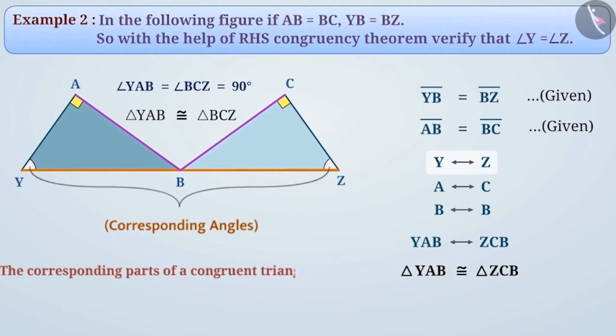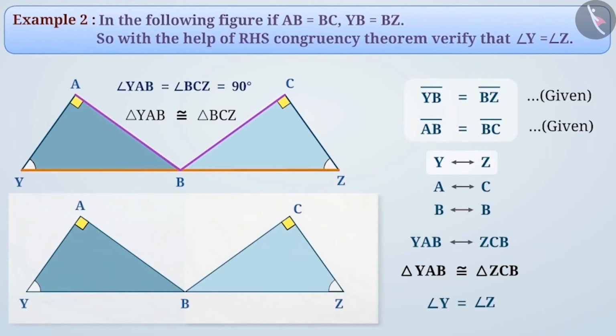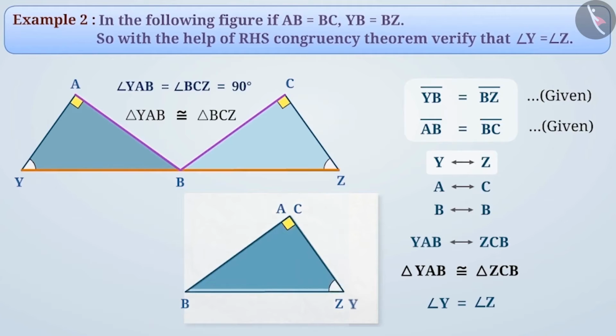Since the corresponding parts of congruent triangles are equal, we can say that angle Y is equal to angle Z. If we trace this shape on trace paper and fold it along its width in such a way that the fold passes through point B, that is, place triangle YAB on triangle BCZ, then we can see that angle Y fully covers angle Z, verifying that the measurements of both angles are equal.